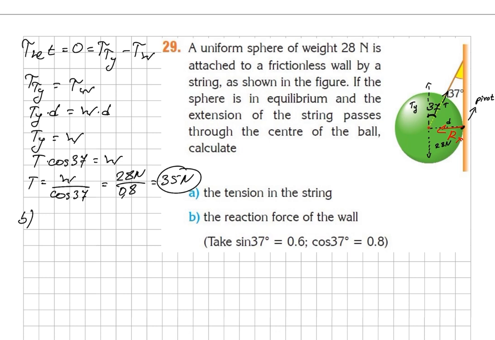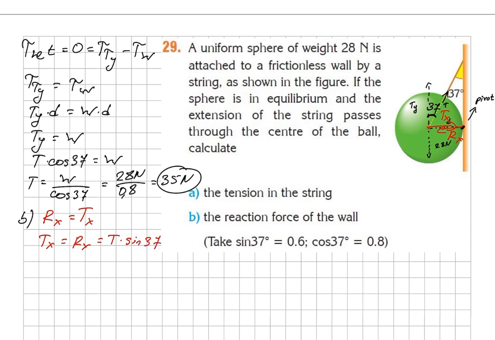So by the third law of Newton, Rx should be equal to tension by X, because there is only one force which is opposite to it, which is tension by X, this second component of tension here. So tension by X is equal to Rx is equal to tension multiplied by sine of 37.